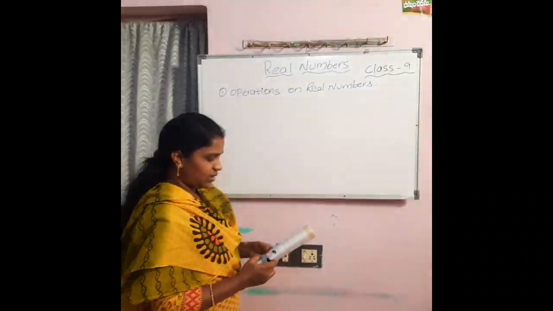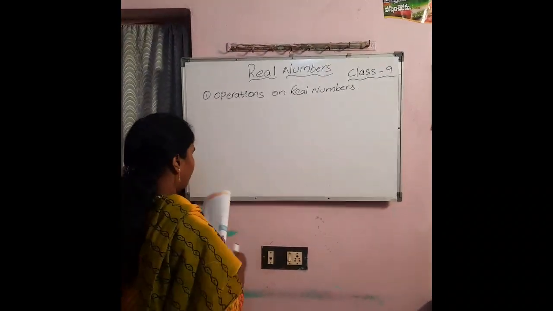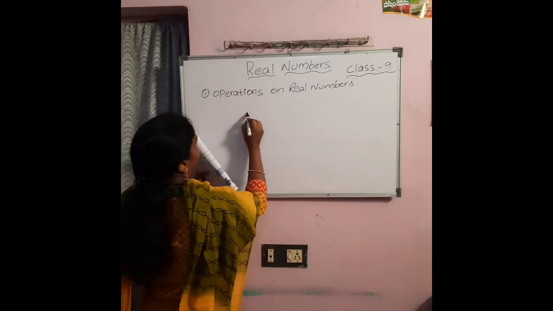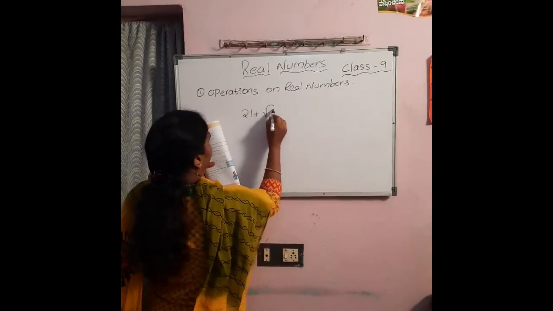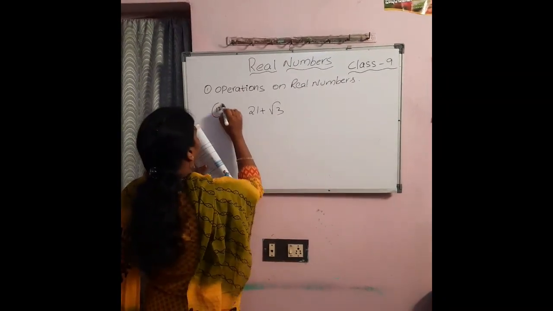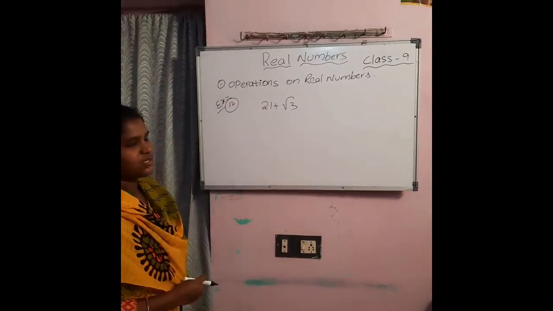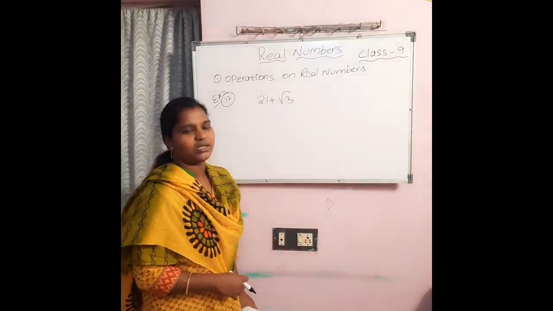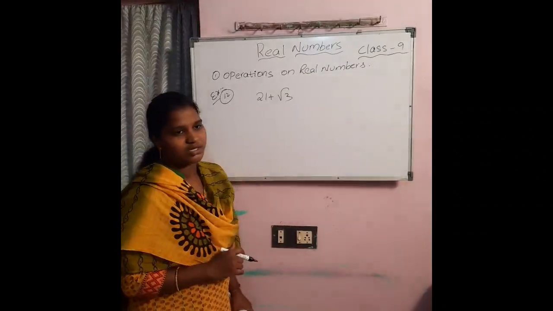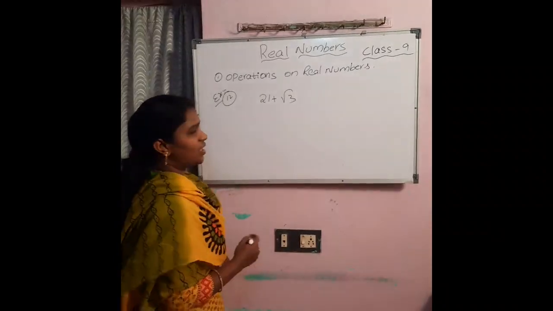In example 12 it is given: 21 plus root 3. We have to find whether it is a rational or irrational number. See that we have some condition.